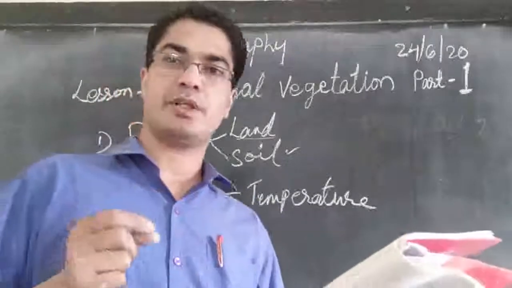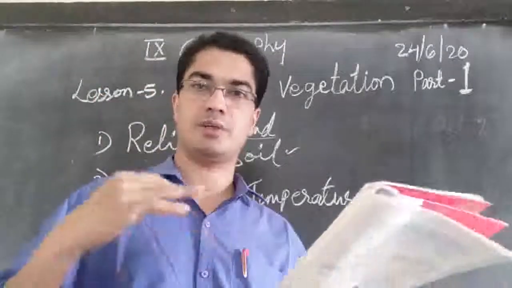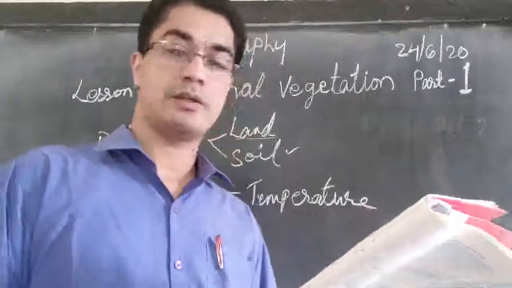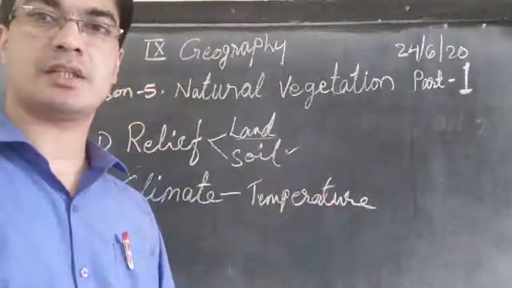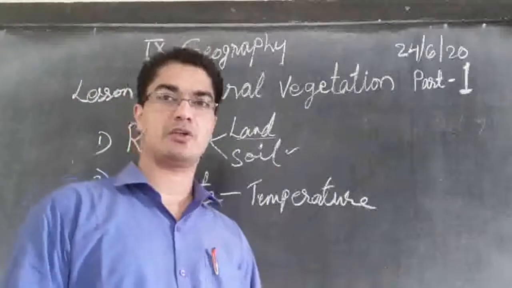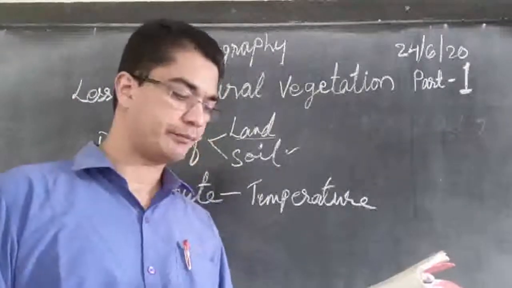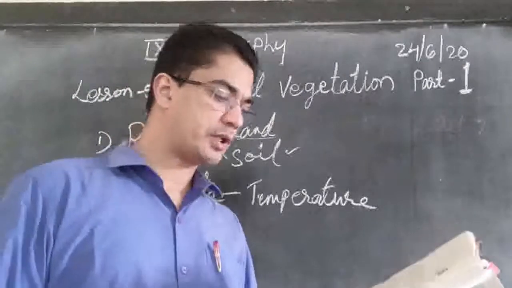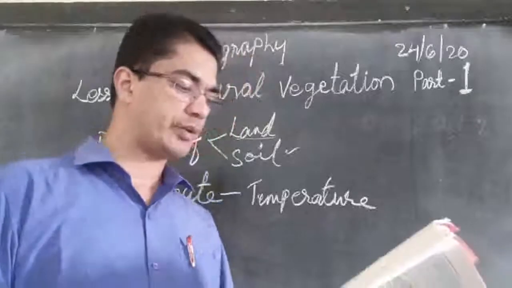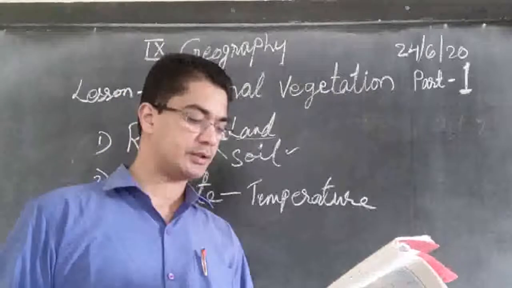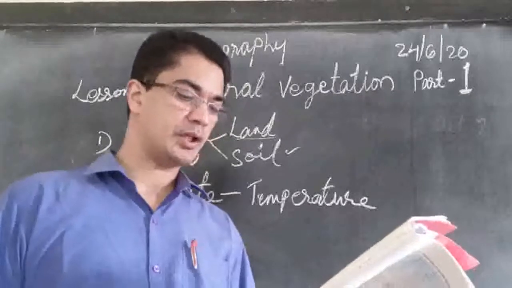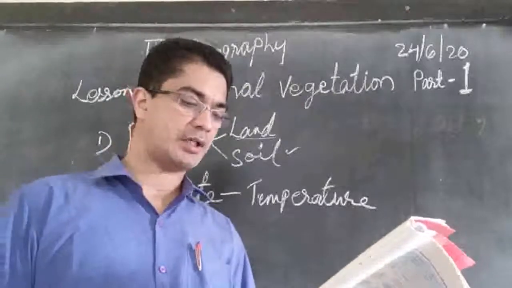Then precipitation, that is the rain, how much rain is there, and what type of soil we have, that we already saw before. So these are the things that are affecting the growth of the trees. Then on the slopes of the Himalayas and the hills of the peninsula, above the height of 915 meters, the fall of the temperature affects the type of vegetation and its growth.